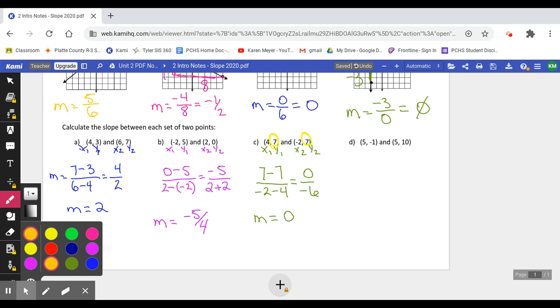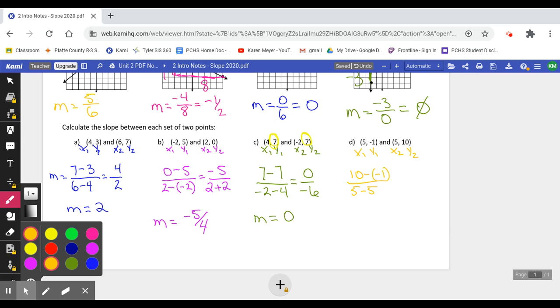Last one. So x1, y1, x2, y2. Plug it in. So 10 minus negative 1 over 5 minus 5.